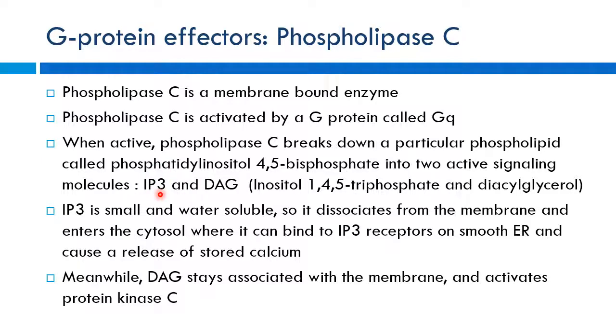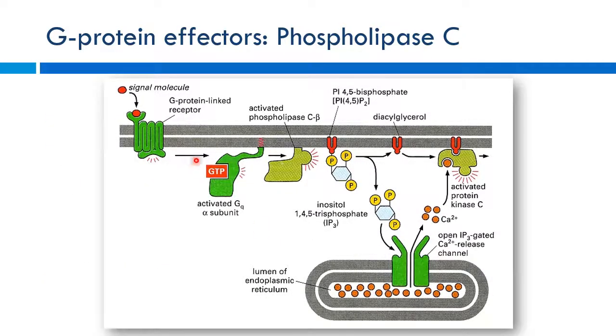The IP3 can then go along and increase release of calcium from the endoplasmic reticulum, where it usually gets stored. Meanwhile, DAG is still associated with the membrane and can activate protein kinase C. There's a lot of words, but when you look at the picture, it'll make a little more sense. Imagine I have a G protein that's being activated by some sort of signaling molecule, which then activates the G proteins.